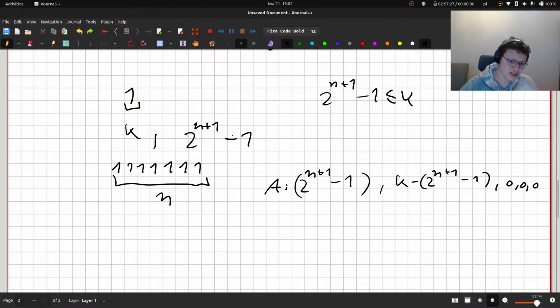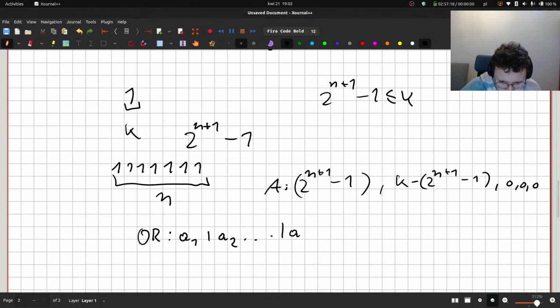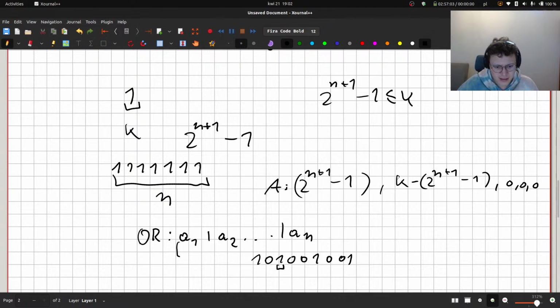Basically, the observation is that when you have the OR of the array, A1 or A2 or ... or AN, the kth bit of this OR is set to 1 if and only if some of the A's have this bit set to 1, right?